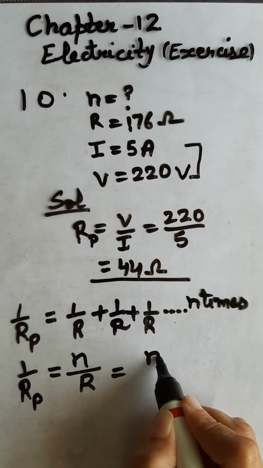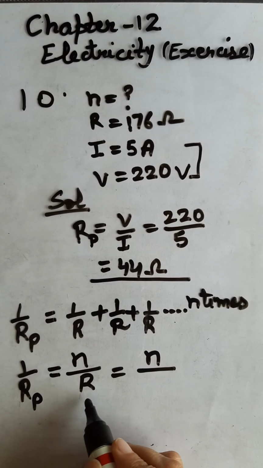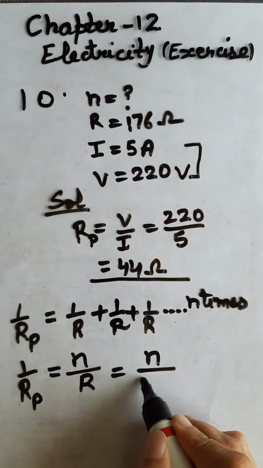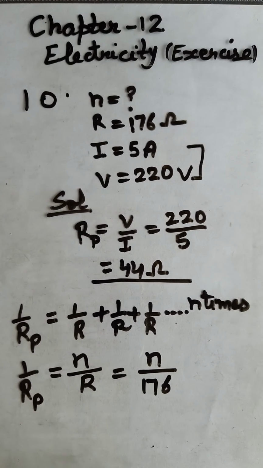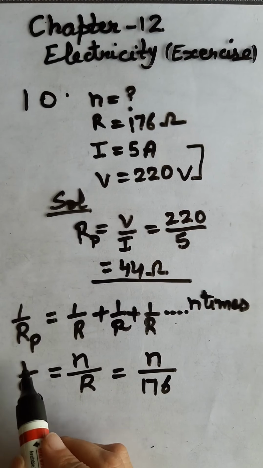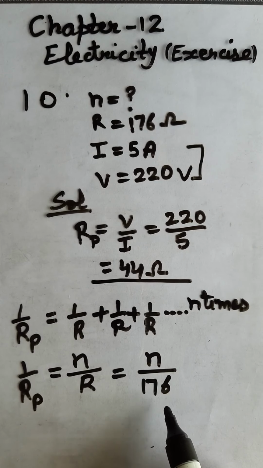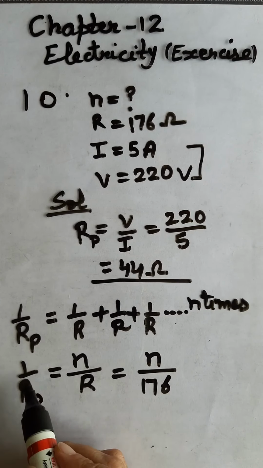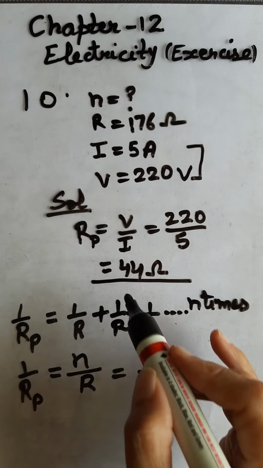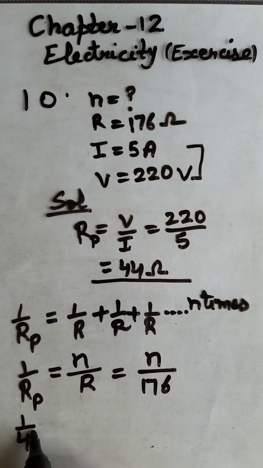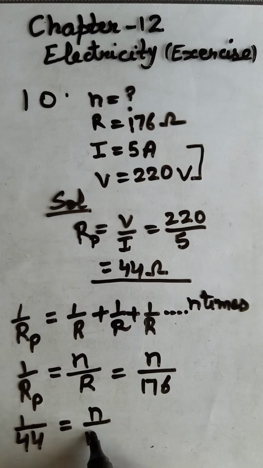Now n divided by this R, where R means resistance of each resistor, is 176. It is given to us. By using these two things, 1 by Rp equals n by 176. What is 1 by Rp? We have calculated Rp, that is 44. Put the values. 1 by 44 is equal to n by 176.